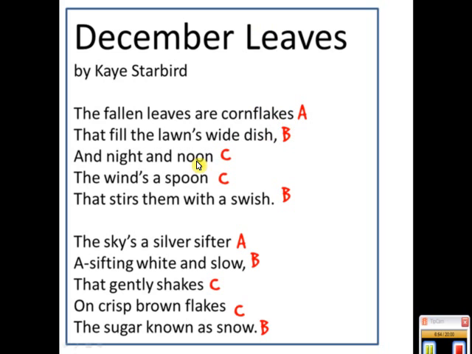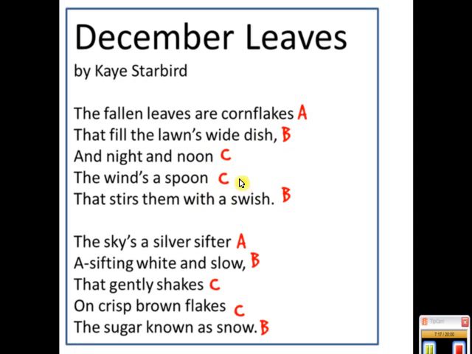Here, you have noon. Does noon rhyme with flakes? Dish? The answer is no. That's why you put C. It's a different sound. But on the fourth line, you have the wind's spoon.